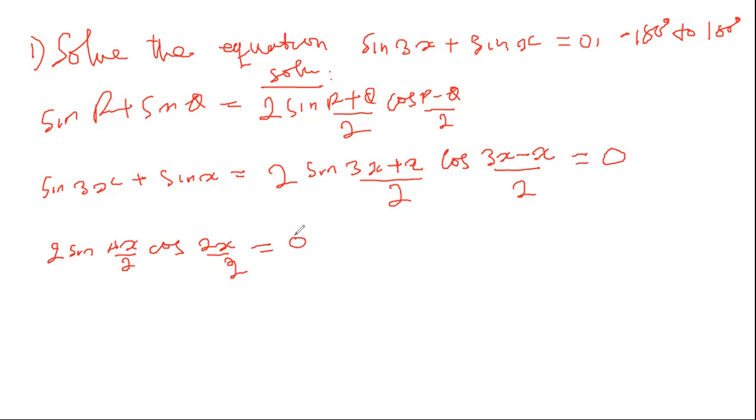What is 4x divided by 2? It's 2 sine 2x, then cos x is equal to 0. Which step do we add here? We put brackets and we put each term equal to 0. Yes.